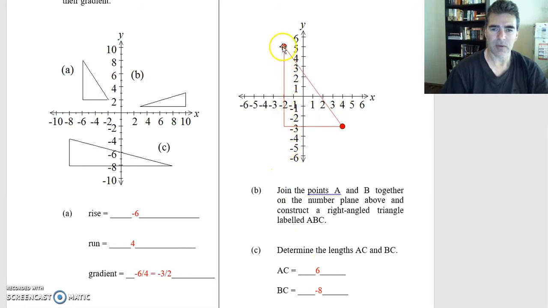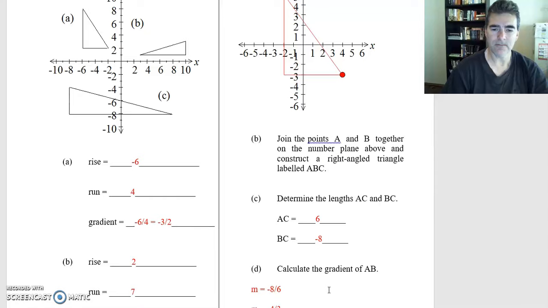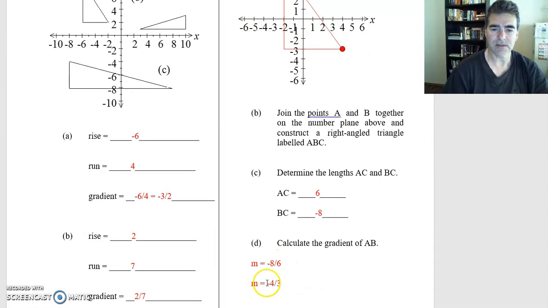I want to find the length of BC. I'm going from 5 down to -3, so I'm falling 8, so my rise is -8. Then the gradient is -8 over 6, which again simplifies to -4 over 3. Leave it as improper for gradient.